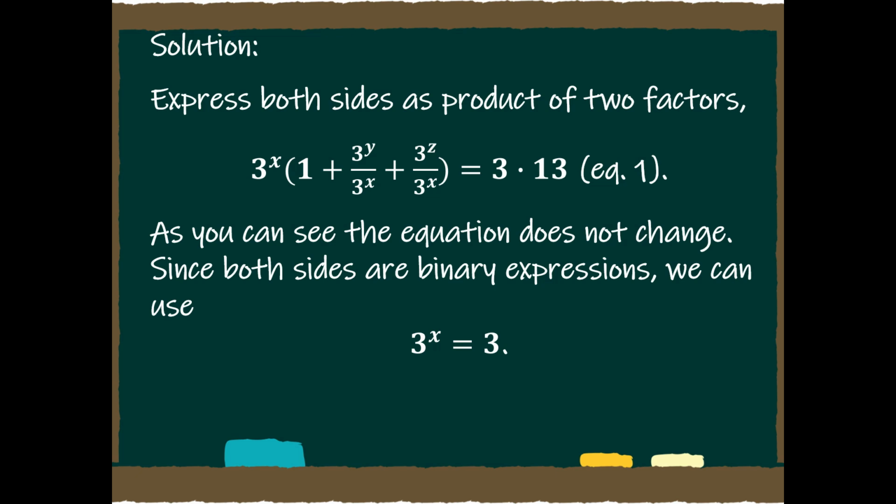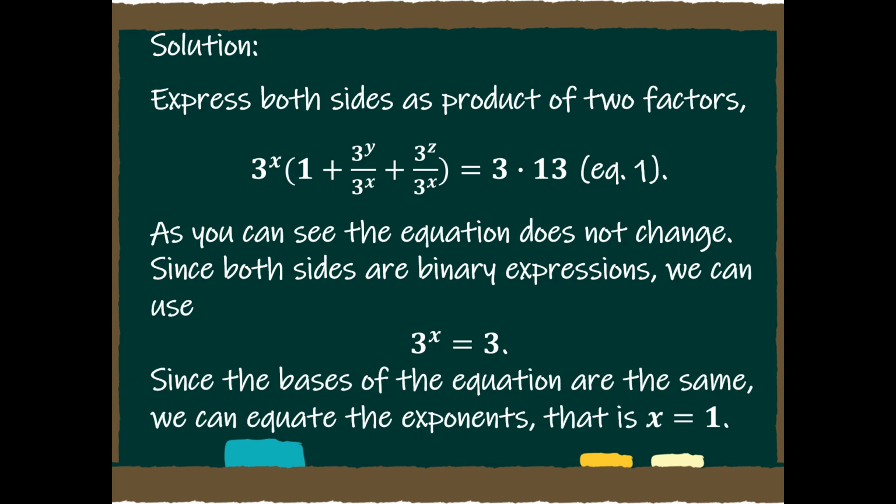Now, if in an equation the exponential forms on both sides have the same base, you can equate the exponents. For the right side, 3 has a power that we do not write, that is equal to 1. So we have the equation x equals 1, which is the value of the first variable.